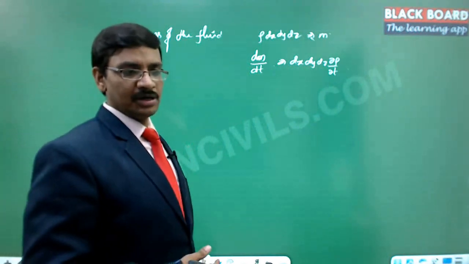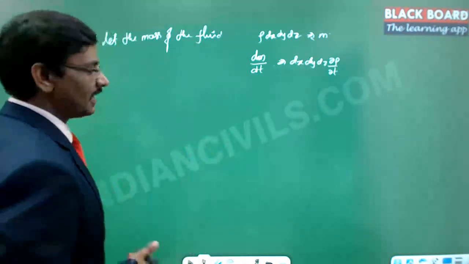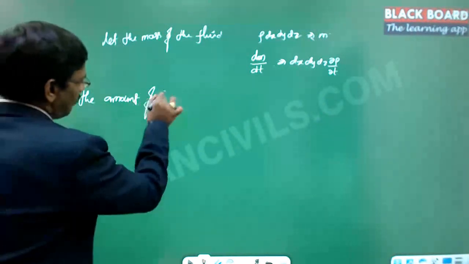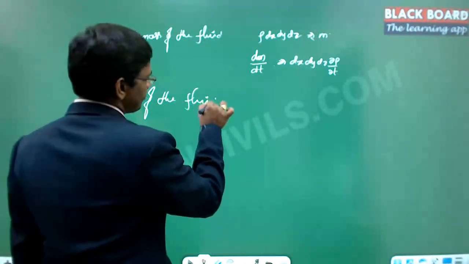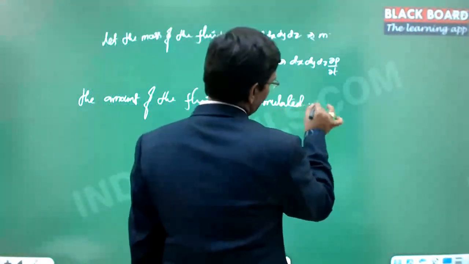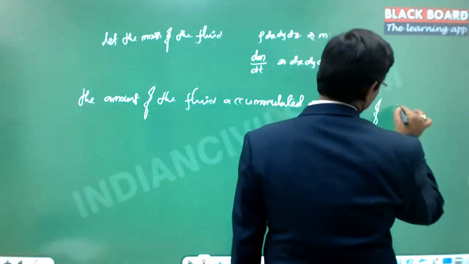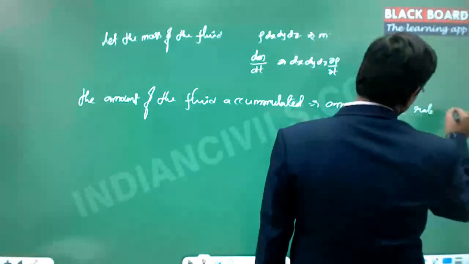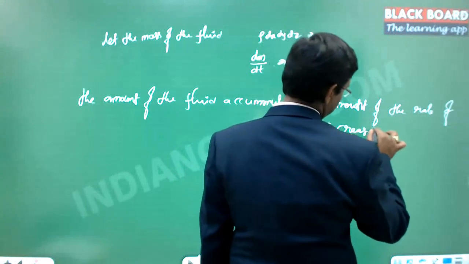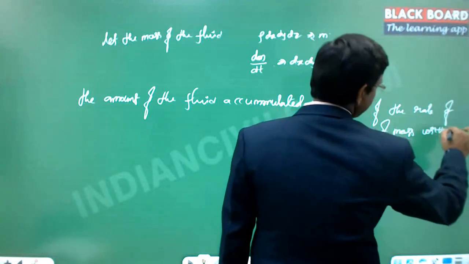Now this rate of increment of the mass is exactly equal to the amount of the fluid that got accumulated, which we just calculated. The amount of the fluid accumulated is equal to the increase of mass within the closed parallel pipe.